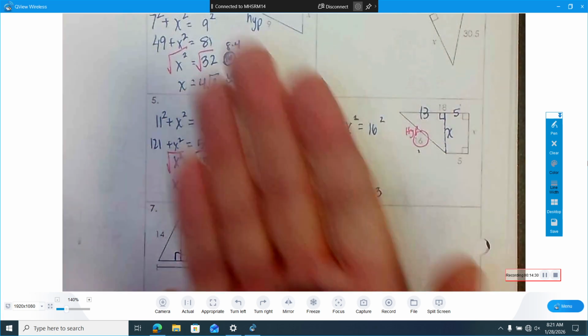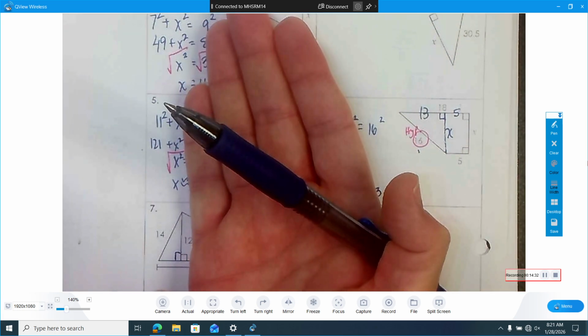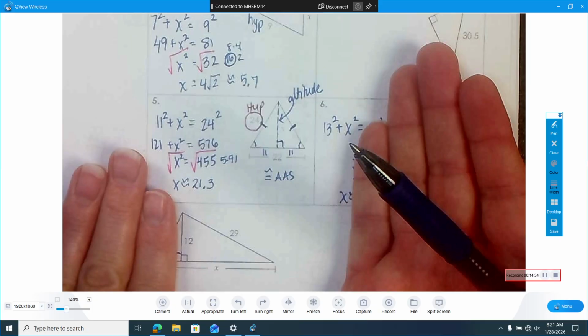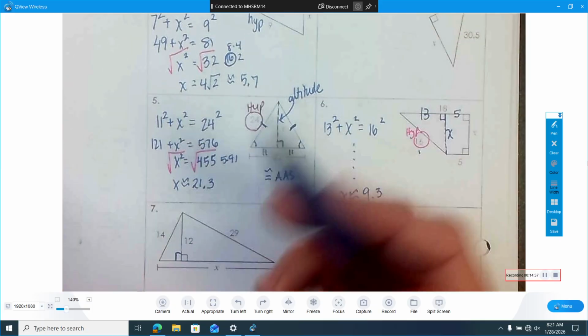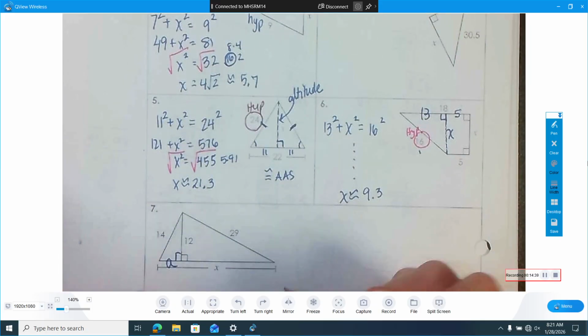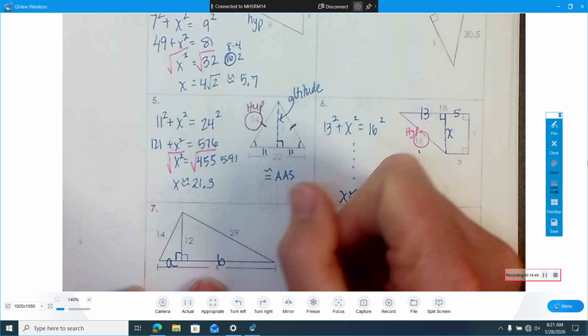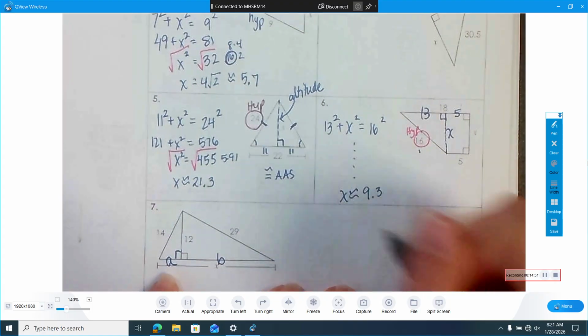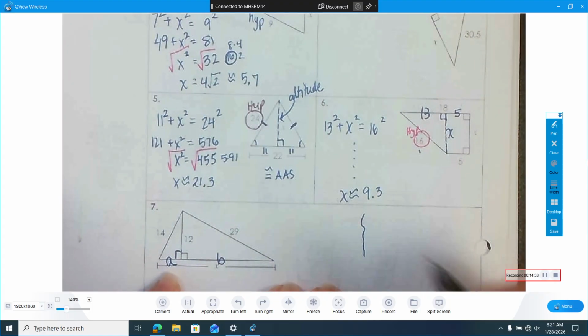All right? So instead, I have a little triangle here on the left, and I have a bigger right triangle here on the right. And what I'm going to do is I'm just going to say, hey, we're going to call this side length A, and we're going to call this one B. Can I figure out A? Can I figure out B? Can I add them together? Okay, so let's see. To find A, what's my setup?